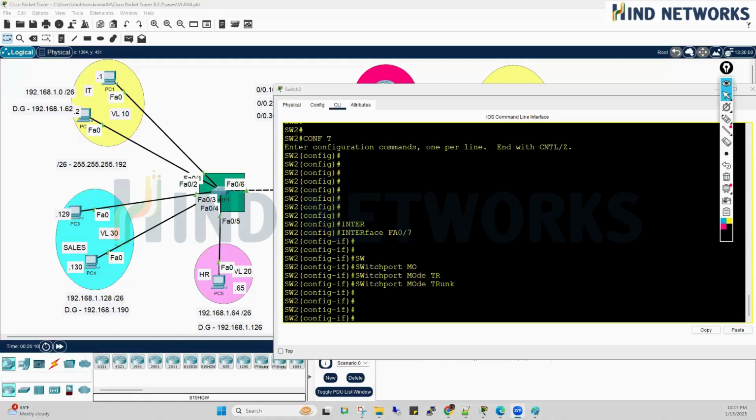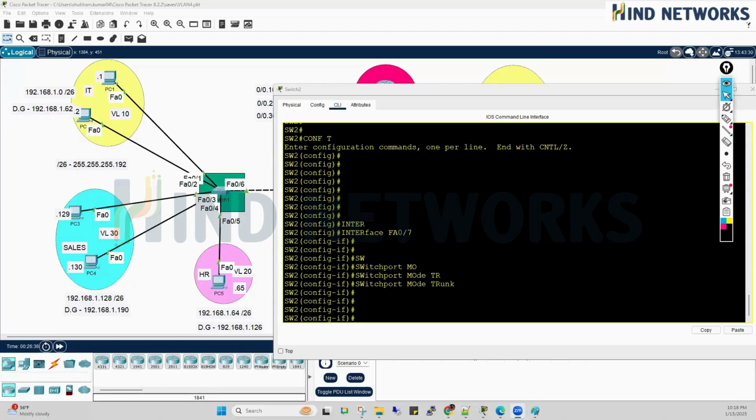But if you are using dot1q, it uses only 4 bytes of extra information. Getting my point, everyone? So that's the reason we are using dot1q, not ISL. Clear? Understand, guys?